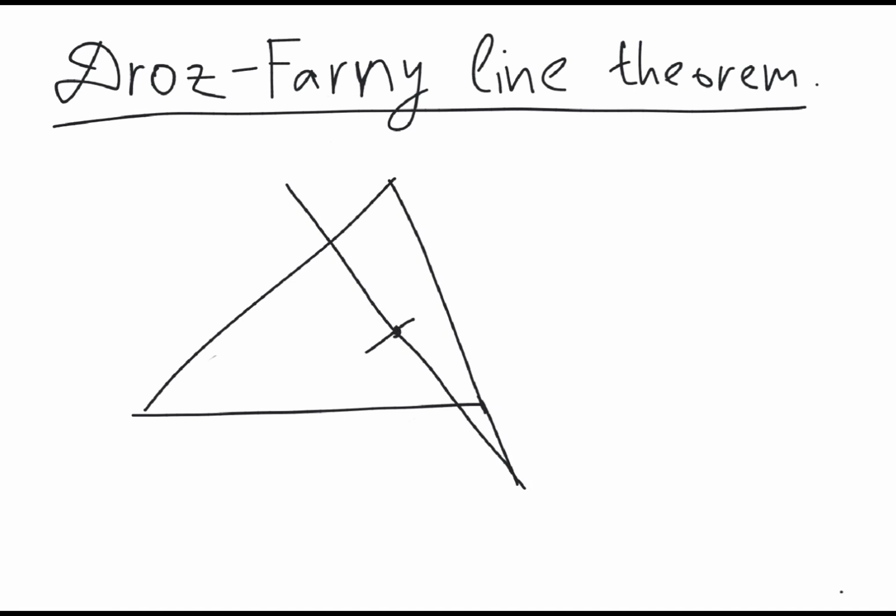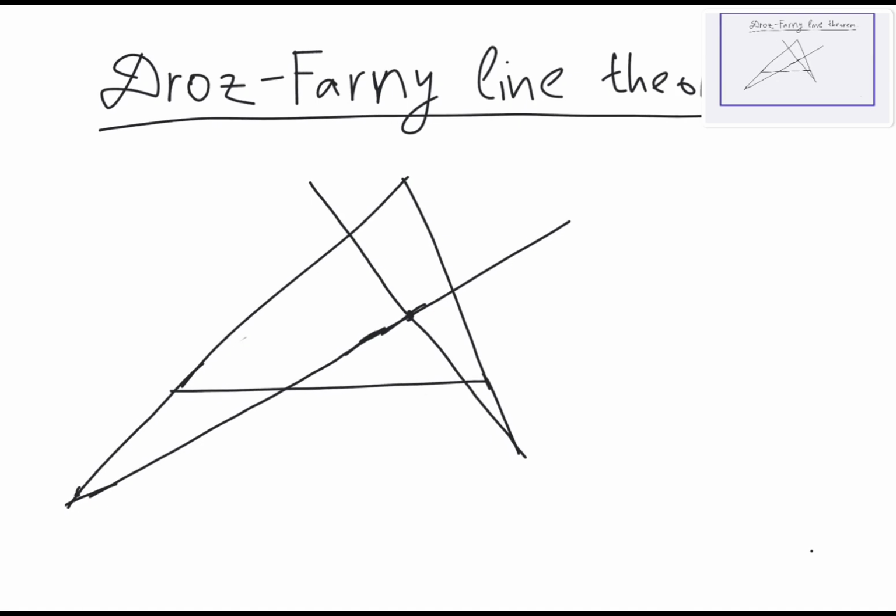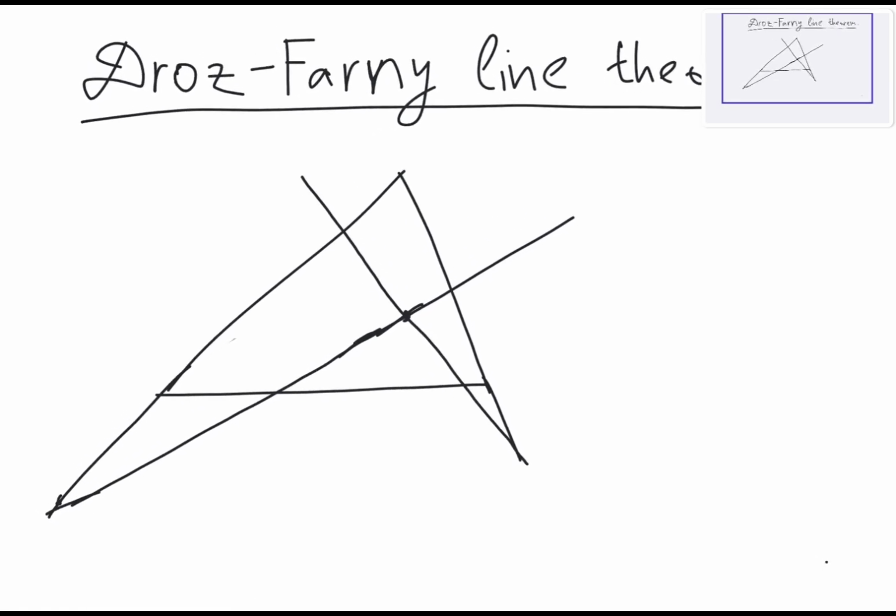and this line. Yeah, so these are two perpendicular lines, and we consider the segments that these two lines cut on each side of the triangle, on the lines containing the sides.